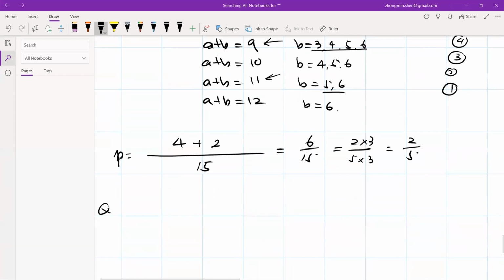All right, now the coin flips. Let me write down the question. A coin is flipped 5 times.